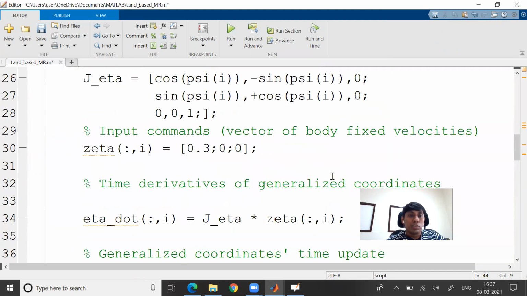So now there is a constant velocity in the vehicle, and the orientation also. Initially it started from 45 degrees, but keeps on increasing. So the vehicle starts moving, and because it has forward velocity as well as rotational velocity, it will start rotating. We can see whether that is happening or not.